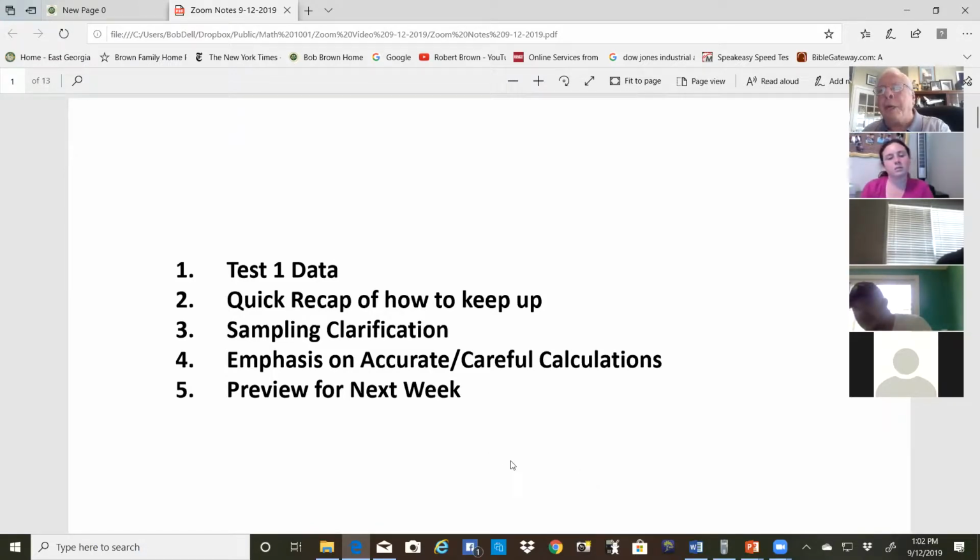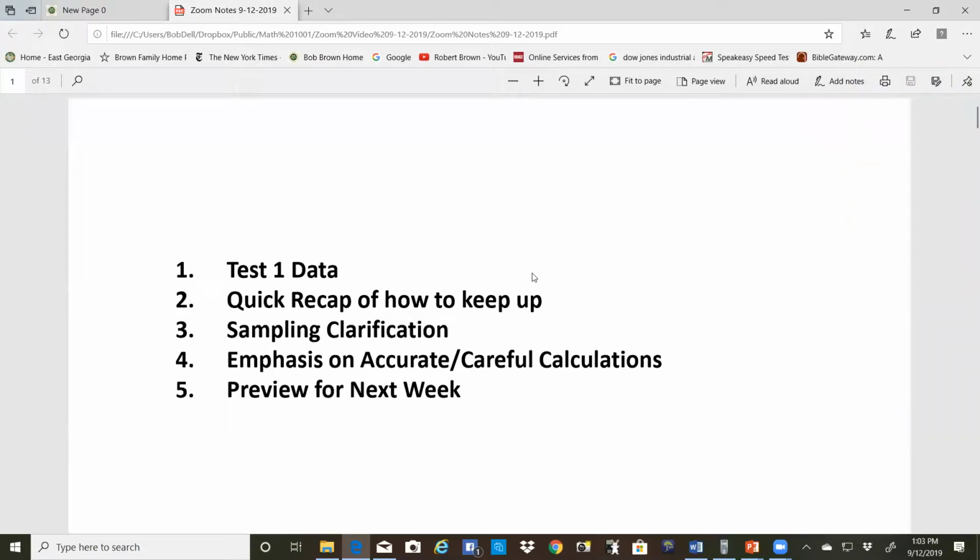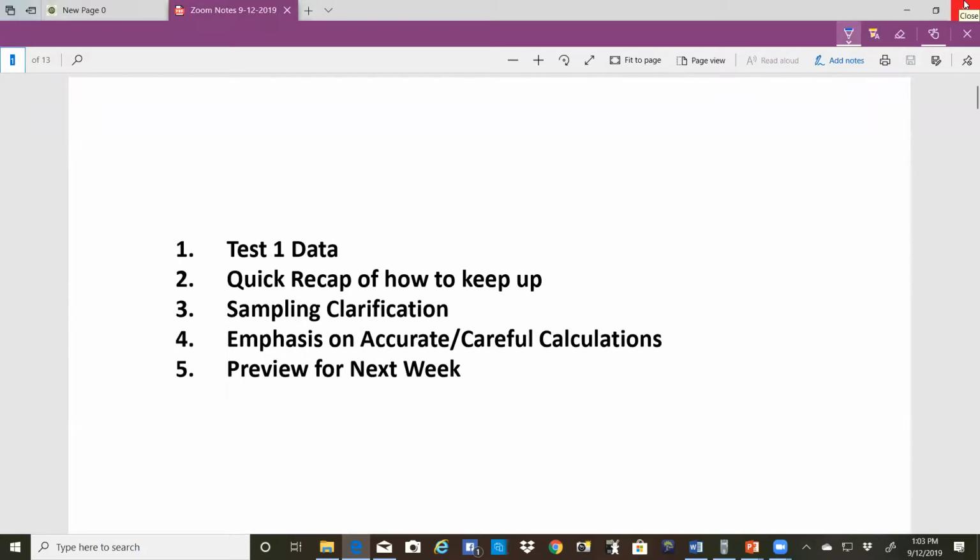I want to have a quick recap of how to keep up. And I wanted to maybe do some clarification on some things. And then talk about the calculator and how to make sure we have accurate, careful calculations. And then maybe preview what we're going to be doing next week.